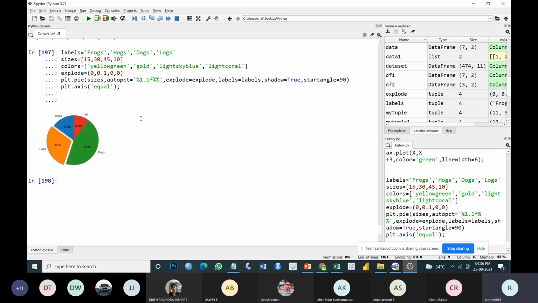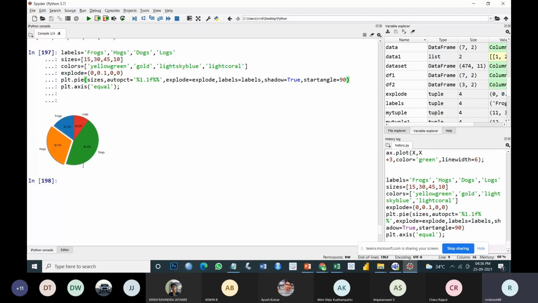Then labels. We defined shadow is true, so there is some shadow coming. And the start angle is 90, it starts from 90 degrees. Frog, hogs, dogs and logs.